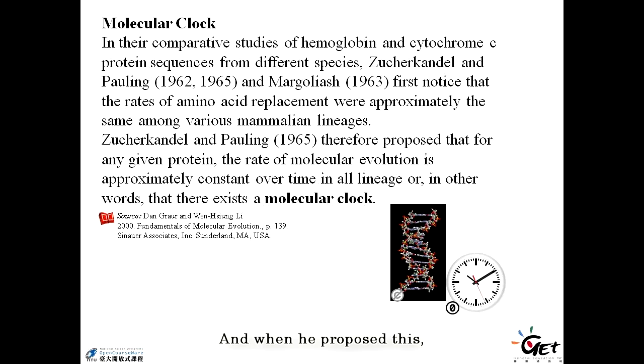When he proposed this, he wanted to consider whether we can get all the sequences at that time, like protein sequences, understand the rate of molecular evolution, and convert that to the divergence time.